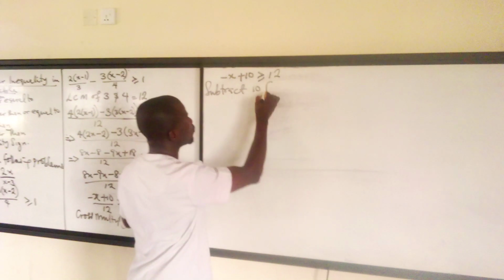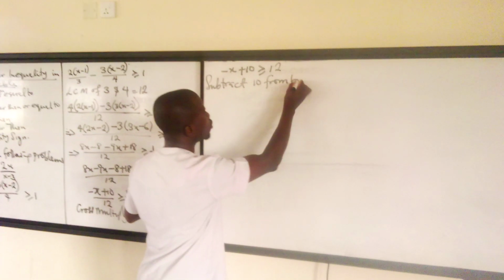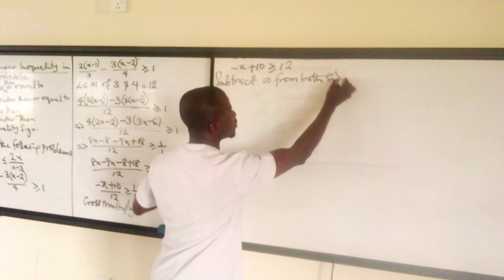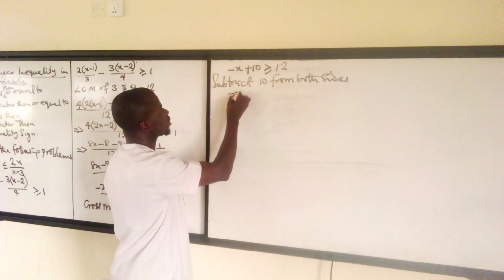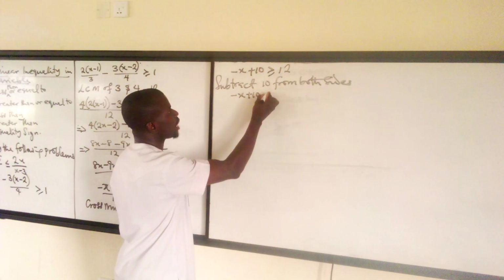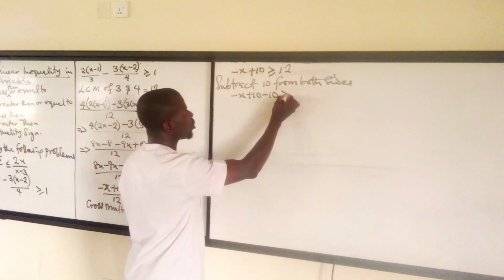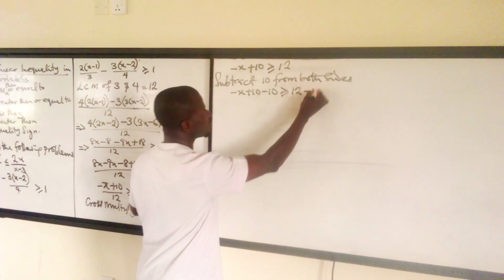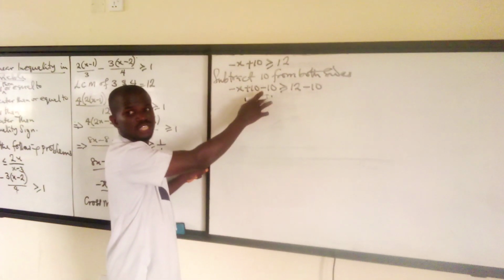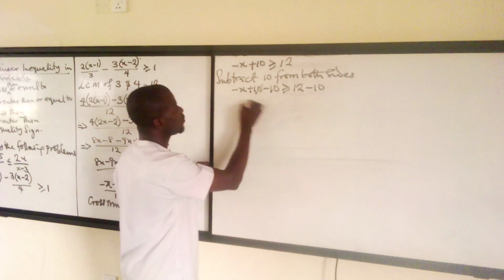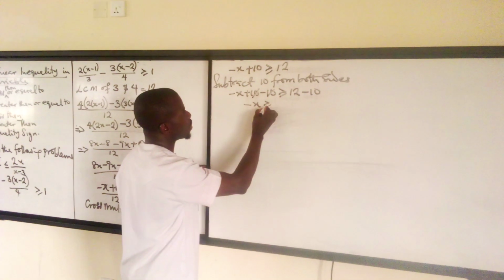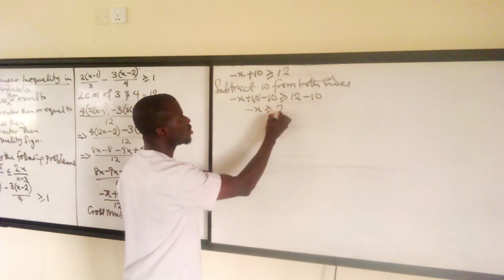Subtract 10 from both sides of the inequality. So I have this as minus x plus 10 minus 10 is greater or equal to 12 minus 10. Then 10 minus 10 is 0 to go. So I'm left with minus x greater or equal to 12 minus 10 is 2.